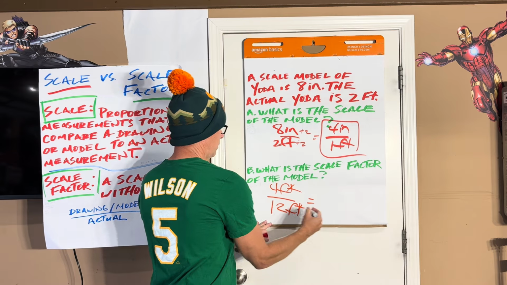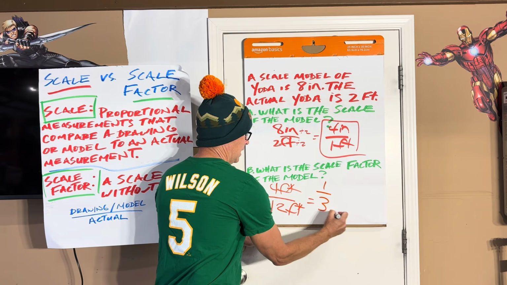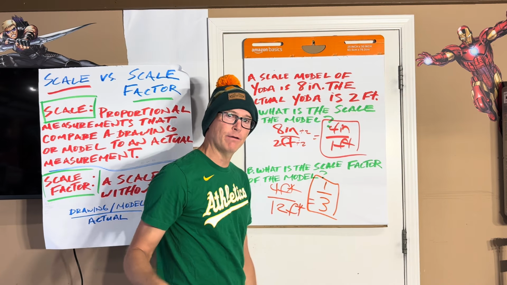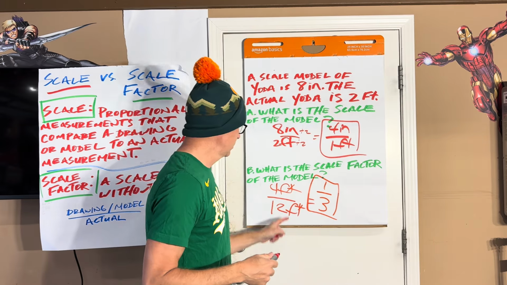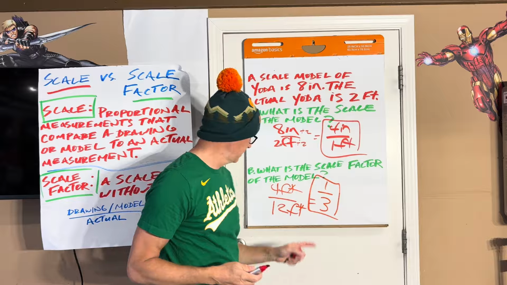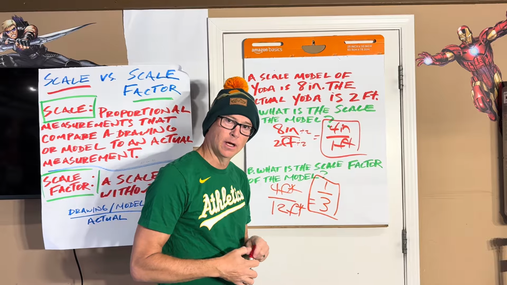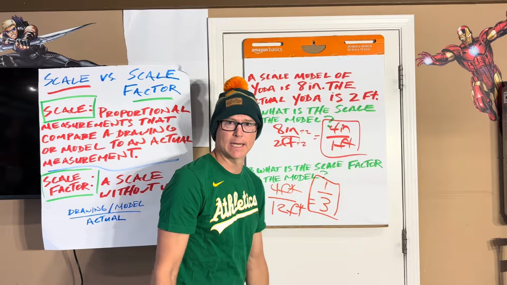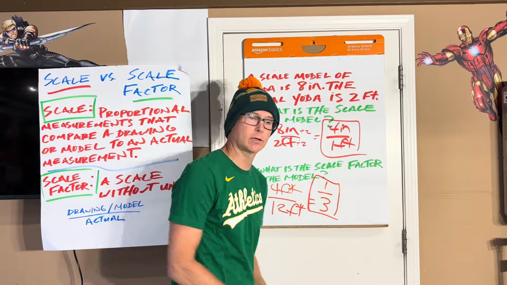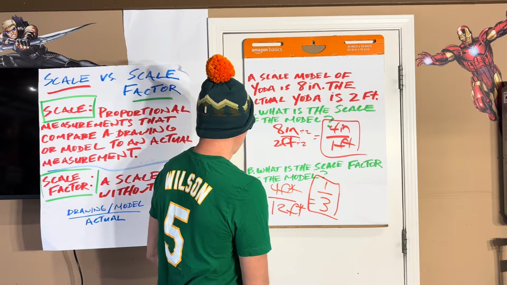Now, 4 over 12 reduces to 1 over 3. Now, that is the scale factor. For every 1 of the model, you have 3 of the actual. And you'll notice there's no units because the units cancel, okay? So scale has the units, scale factor doesn't. Okay, let's try one more. Last problem, actually.